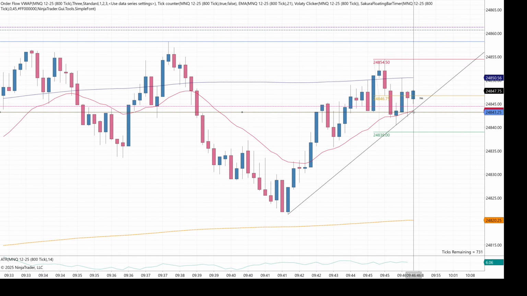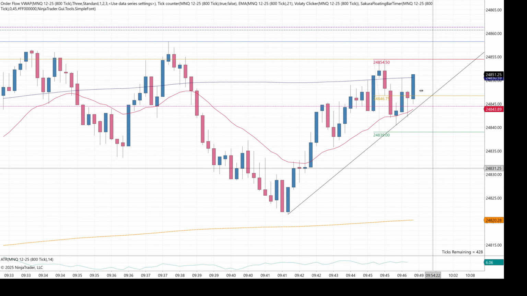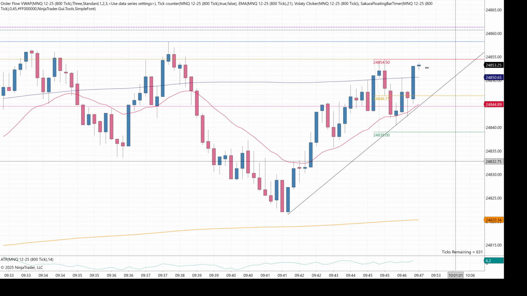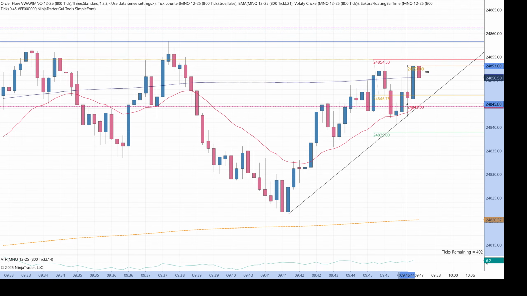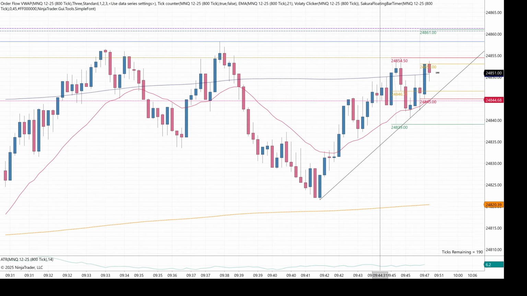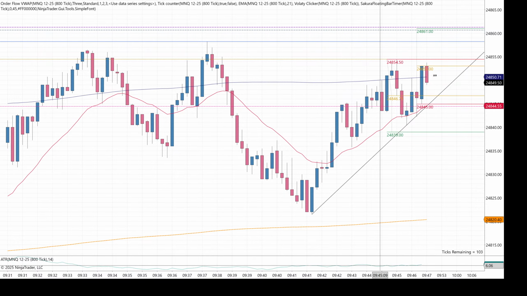Technically, golden ruler's here, and now it's up here. So now we're also in a bullish move, as well as the bearish move. This is not good when you have two triggers. This means there's chop and indecision.